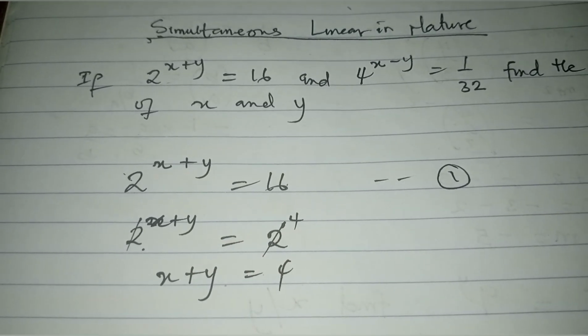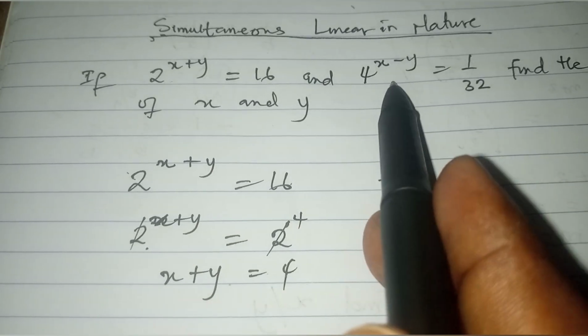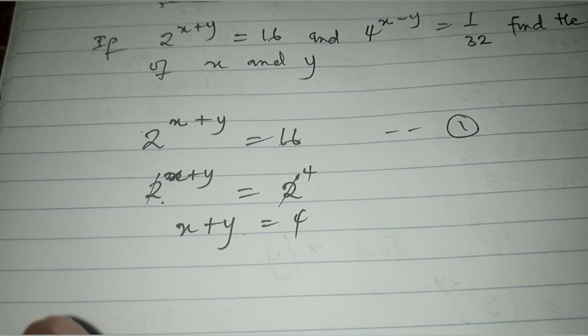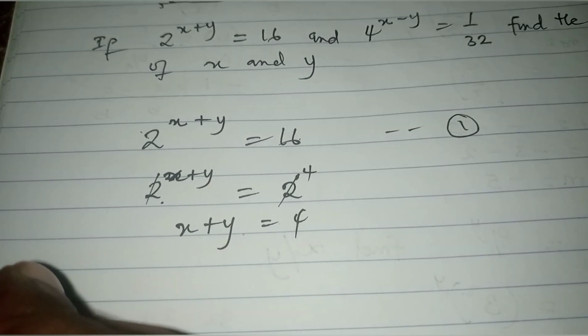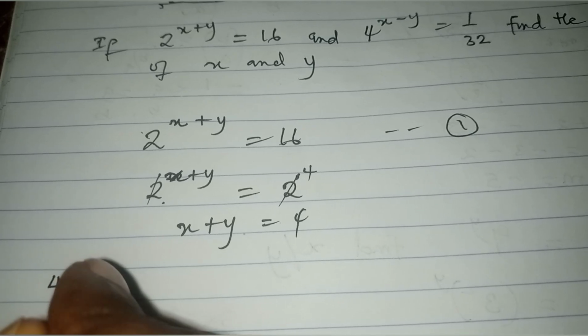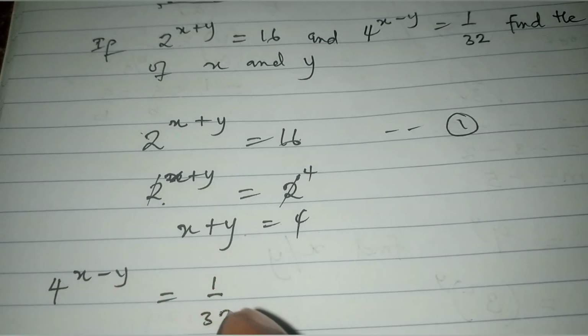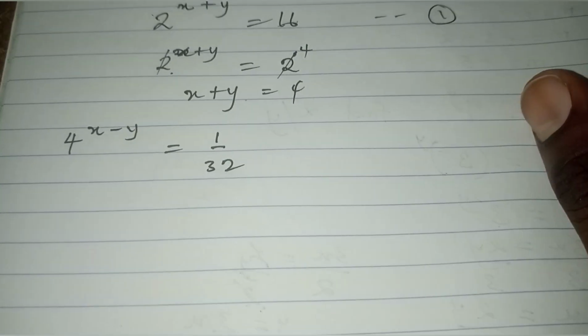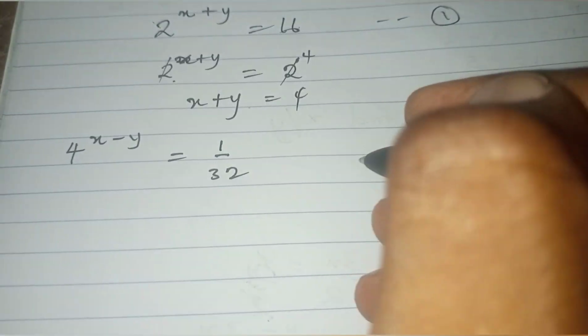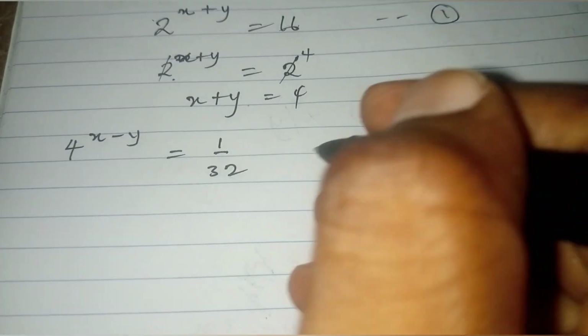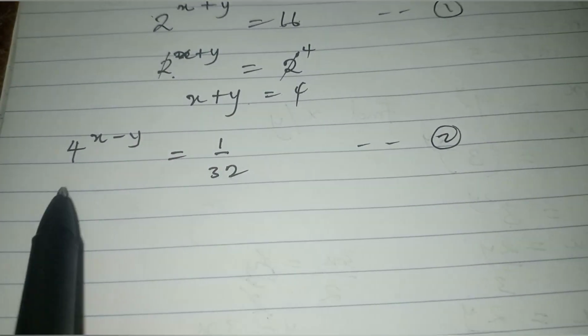Now let's go to the second one, 4 raised to power x minus y equals 1 over 32. This is equation 2.